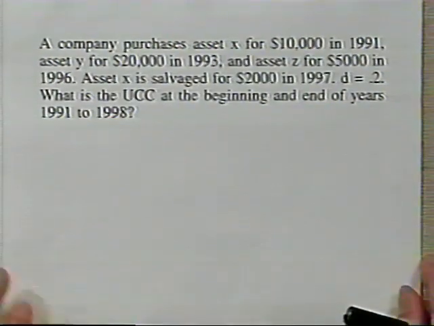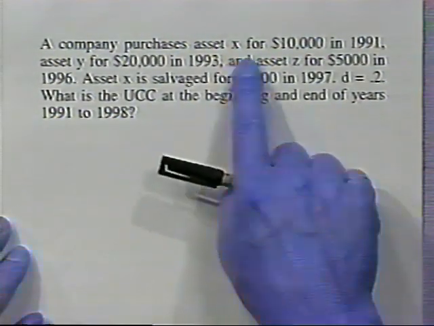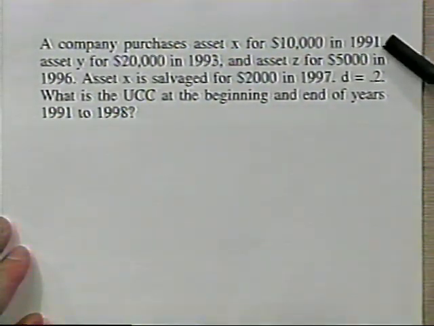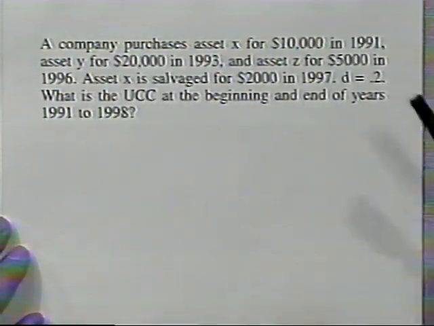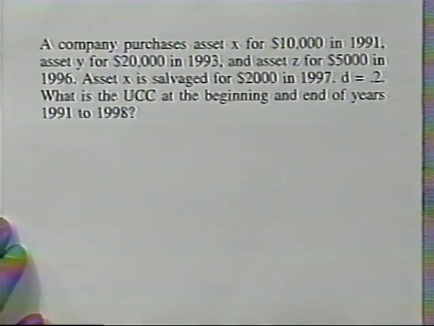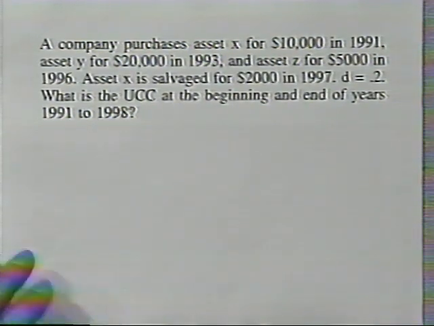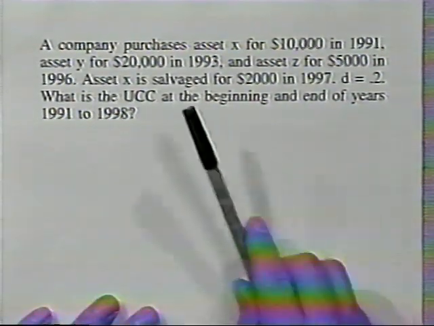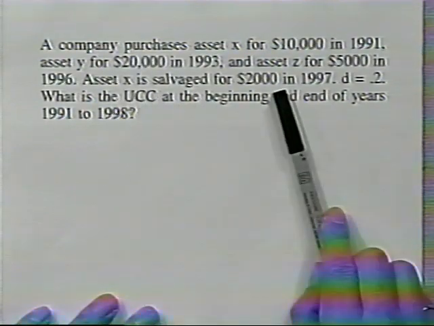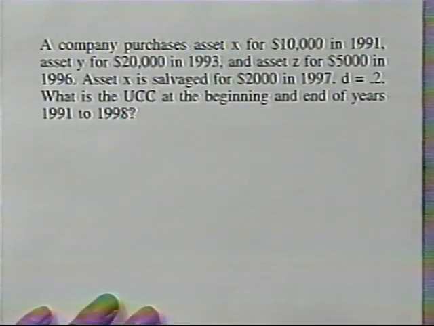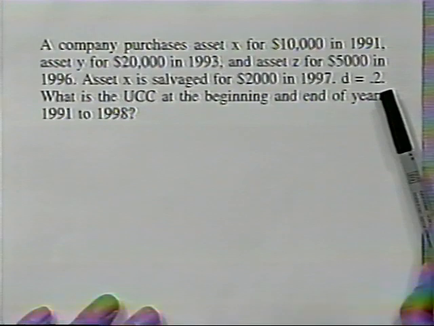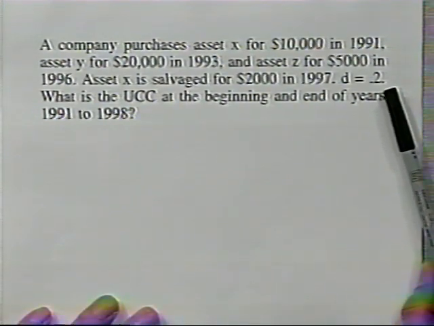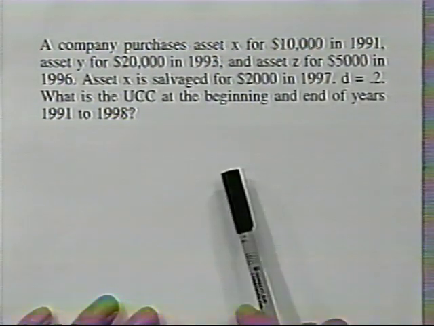A company purchases asset X for $10,000 in 1991, asset Y for $20,000 in 1993, and asset Z for $5,000 in 1996. So we have three different things being purchased. Asset X is salvaged for $2,000 in 1997. We have a depreciation rate of 0.2, so this is probably production equipment.